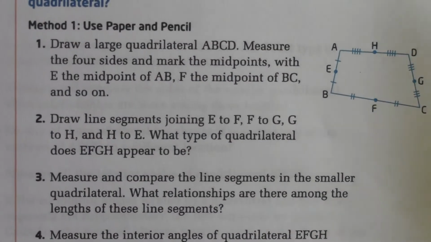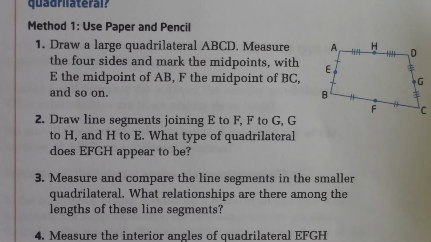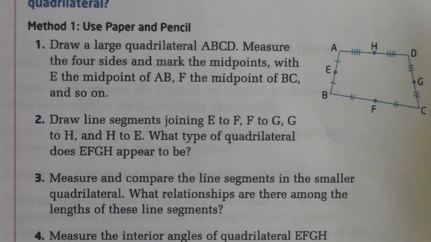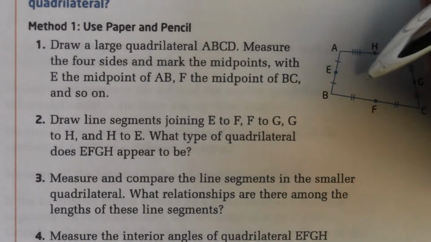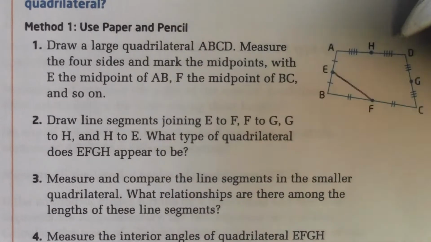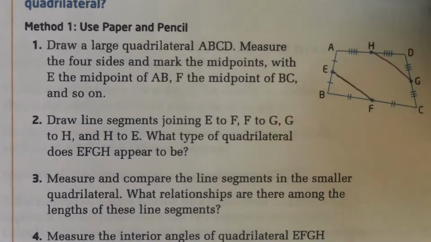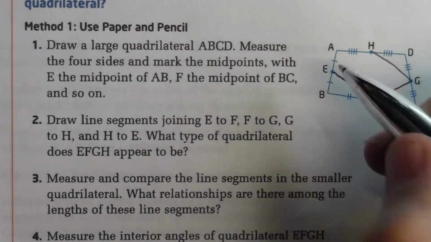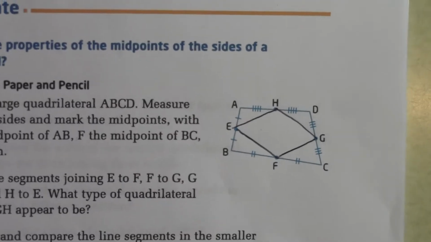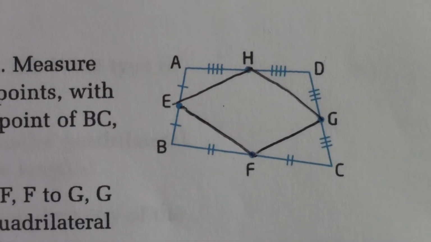Next it says draw line segments joining E to F, F to G, G to H, and H to E. What type of quadrilateral does EFGH appear to be? So I'm going to draw that here. All right, so what do you guys think?